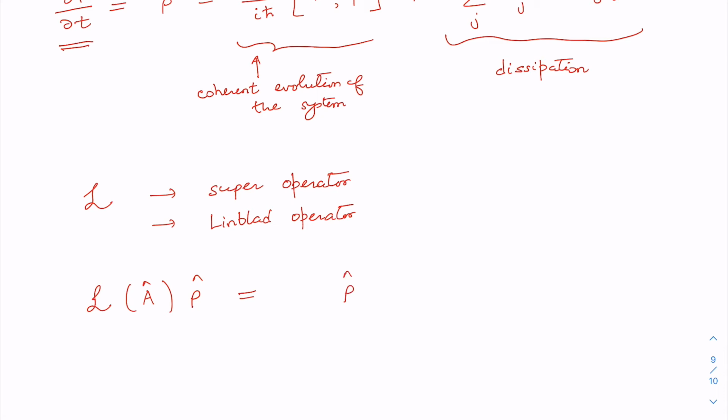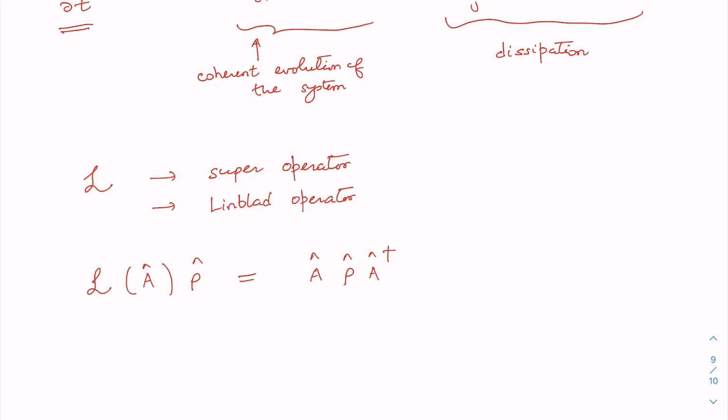So the density operator is operated on by this arbitrary operator A, and again from the right-hand side by A dagger. Basically this is the structure: A rho A dagger minus half A dagger A rho minus half rho A dagger A. So this is the structure of the Lindbladian.